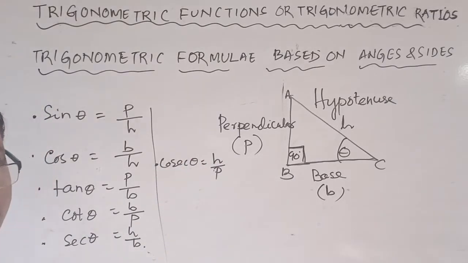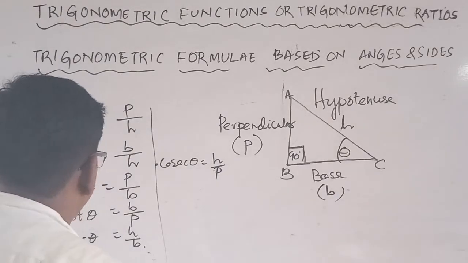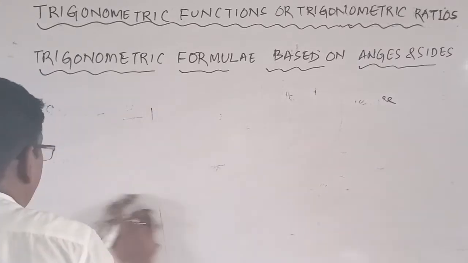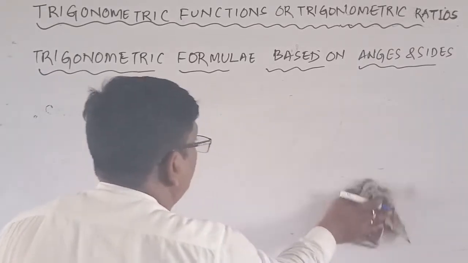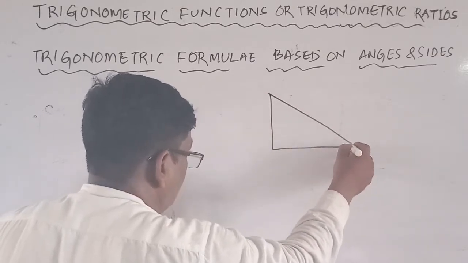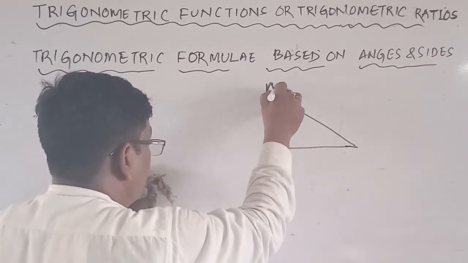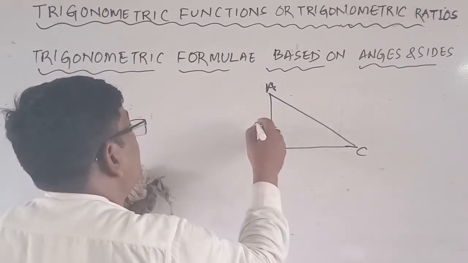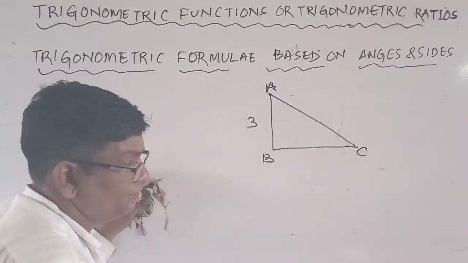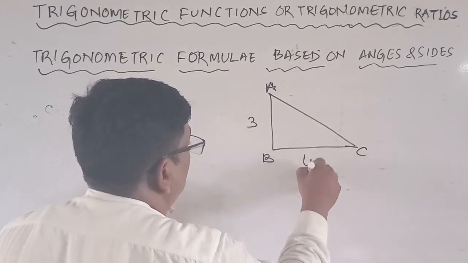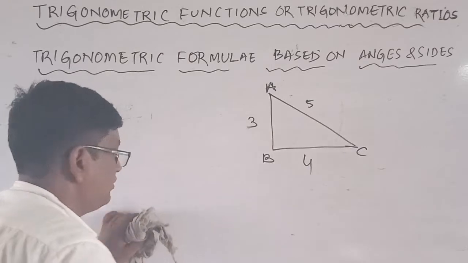Now one question based on this formula. If this is a right angle triangle with vertices A, B, and C, let the length of the side AB be 3 units, the side BC be 4 units, and this side be 5 units.